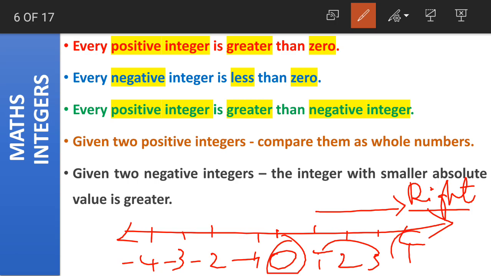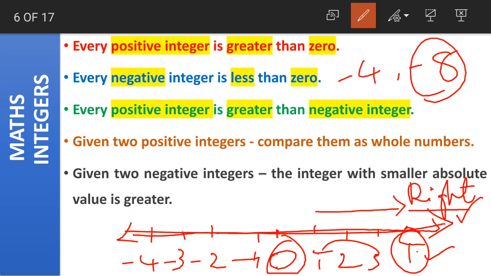Let us take these two numbers, for example 0 and 4. What did I say? The number on the right side is greater. Now which is on the right side here? 4 is on the right side. By right side, I mean the right side of the number line. If a question is given in the exam, compare -4 and -8, you don't write -8 is a greater number, saying that ma'am said the number on the right side is greater than the number on the left side.